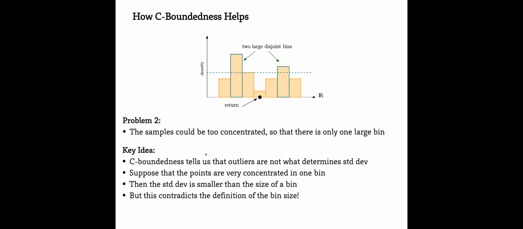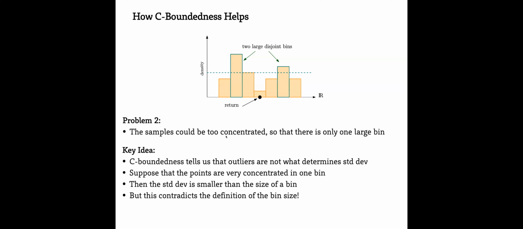Okay, so actually the second problem is almost exactly the opposite issue. That is, what happens if our samples are too concentrated? So there's actually only one very large bin. And here C-boundedness helps in a more subtle way. C-boundedness tells us that our standard deviation isn't being determined by outliers, or at least that's one way to think about C-boundedness. So suppose that our points are in fact very concentrated in one bin.